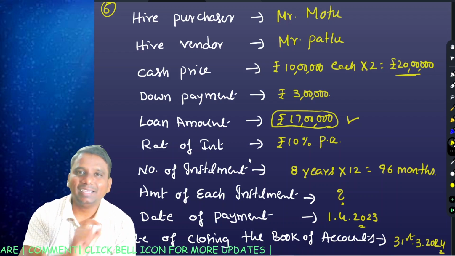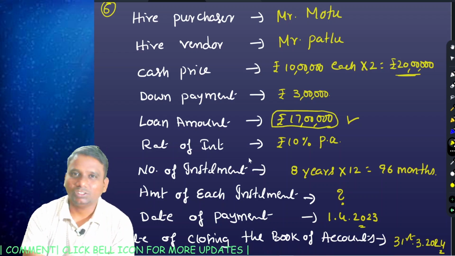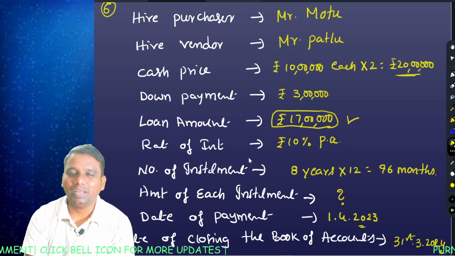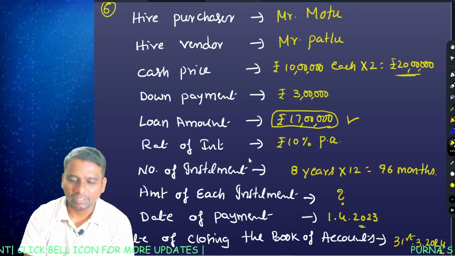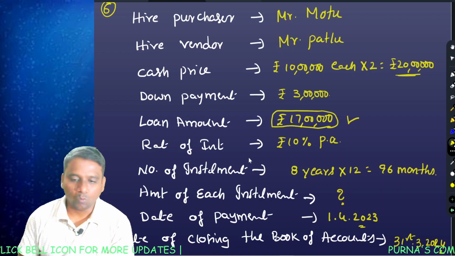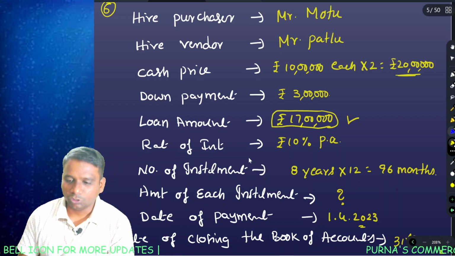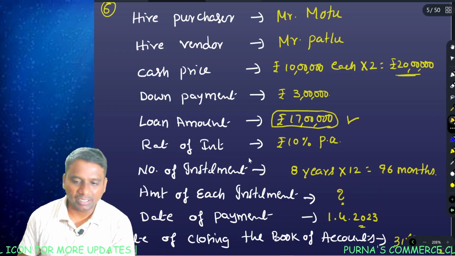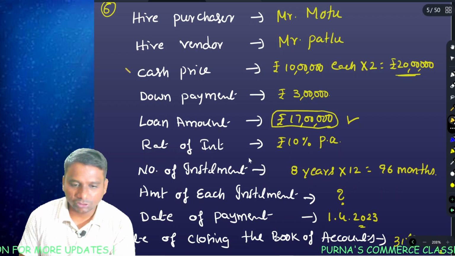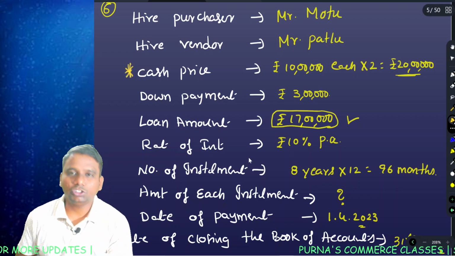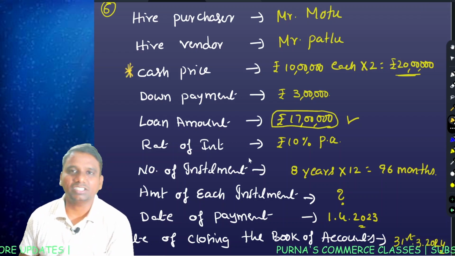All these details you can find in the loan repayment schedule. But in the examination problems, you cannot get this loan repayment schedule. So you should calculate most of the details. This is a very important thing which you need to calculate in the examination problems.